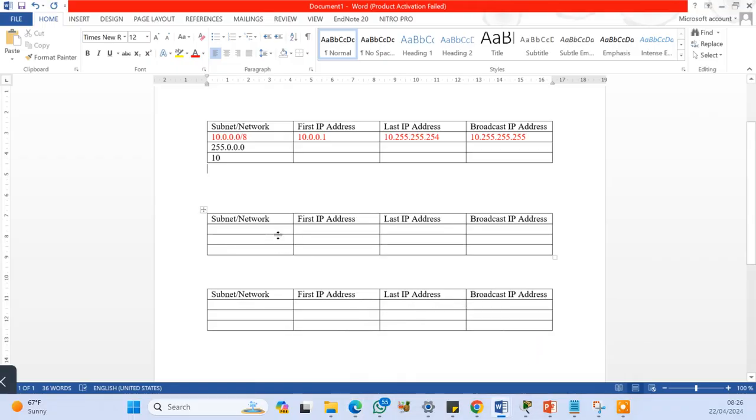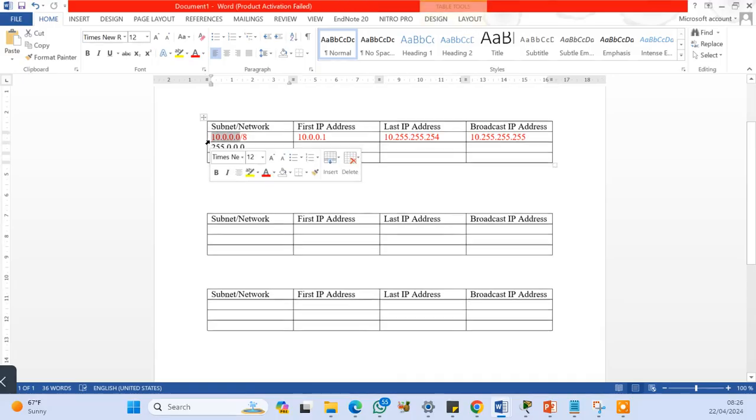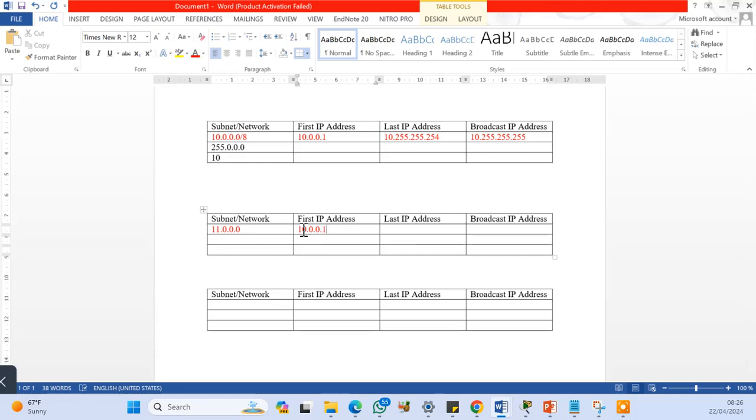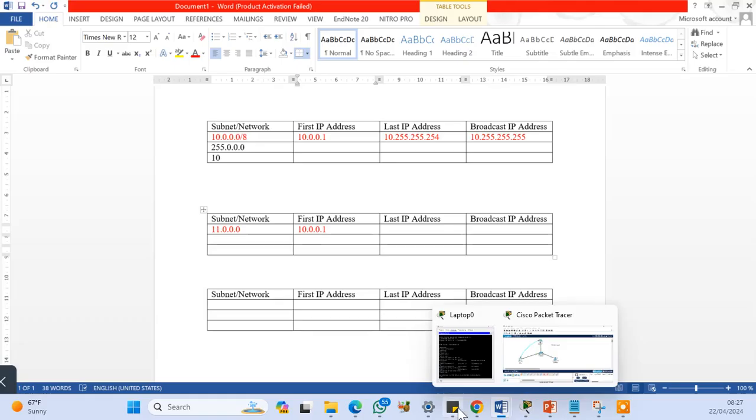And the table is here. So this is our first address, which is this. We simply add the 1 here. Okay. And then we can still add the magic number. Let's see where I can write.